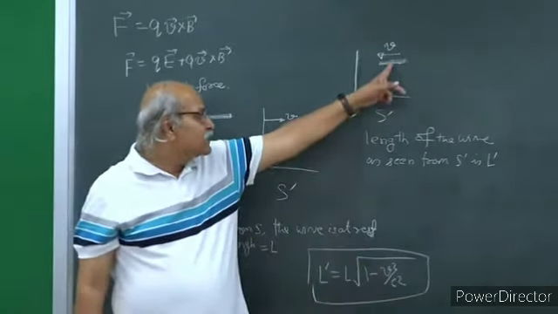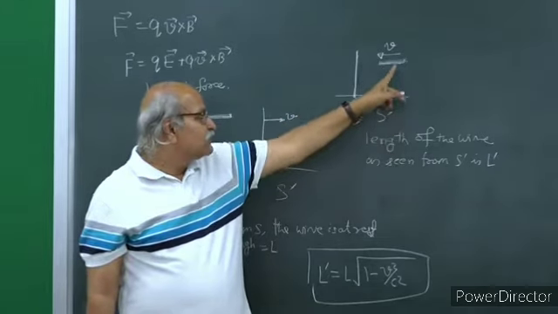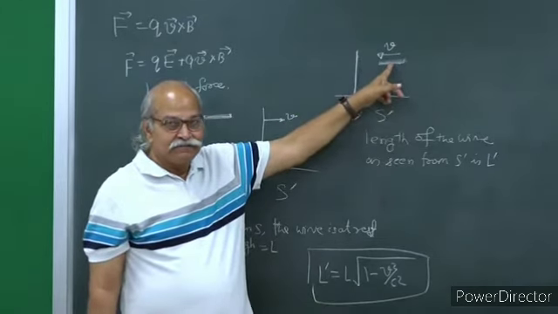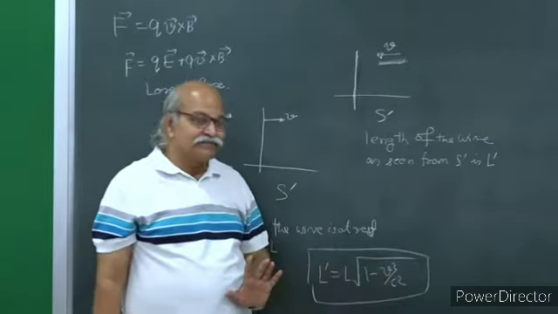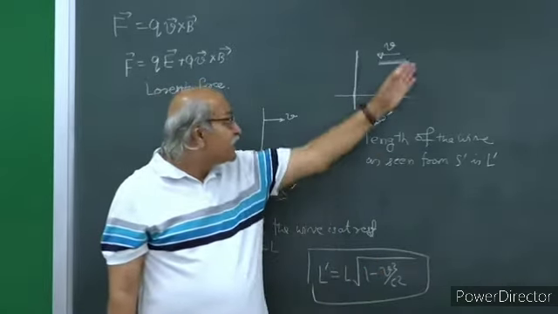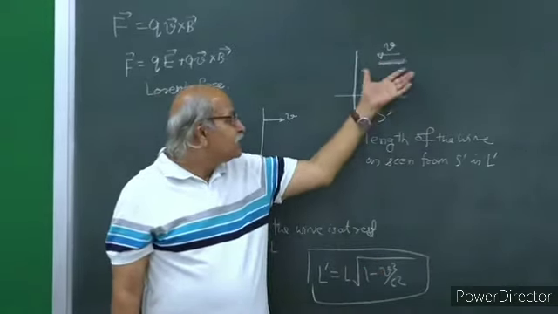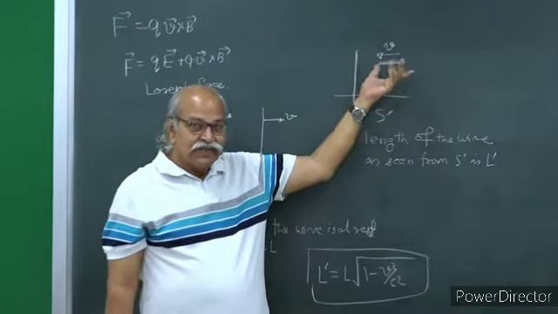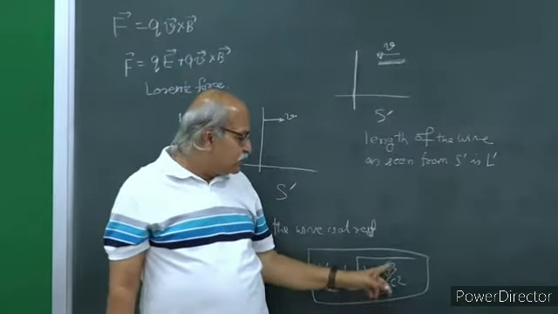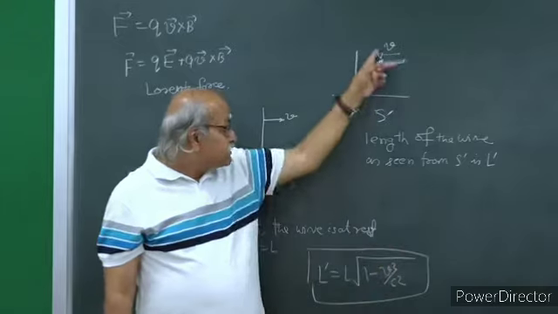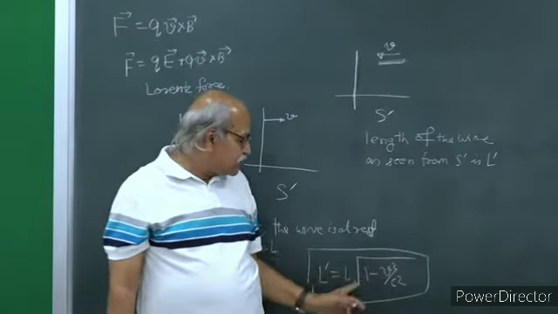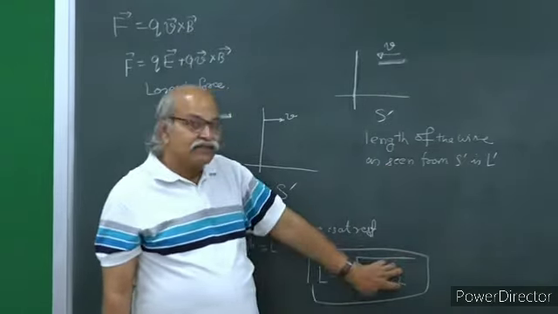This wire is moving with respect to S prime with a velocity v. We only need speed here. Yes, the length contraction is in the direction of motion. So, in that direction, whatever is the speed v, this is the factor, the square root of 1 minus v square by c square.